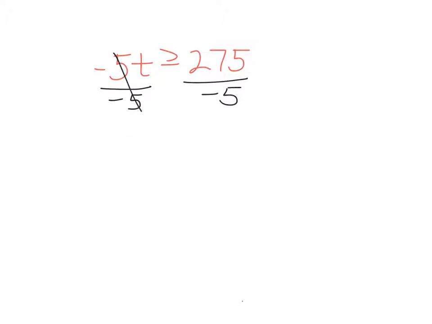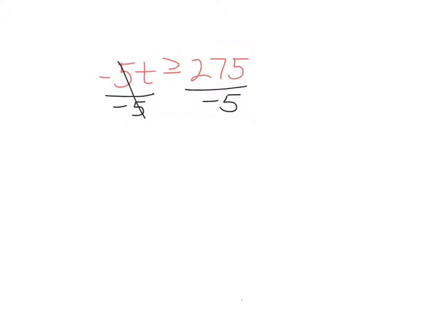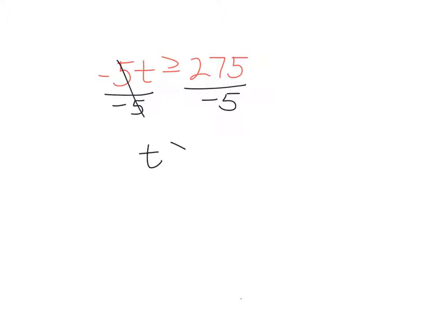The negative 5s would cancel out, and we would have t is greater than or equal to negative 55. But we have to remember the rule. Since we divided both sides by a negative number, the inequality symbol changes direction, and it becomes t is less than or equal to negative 55.